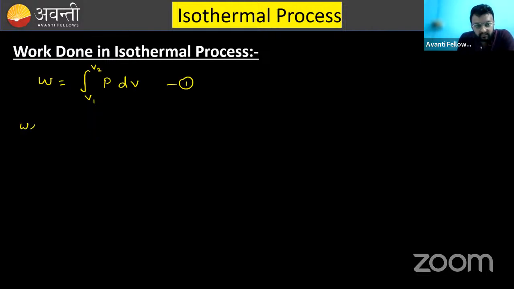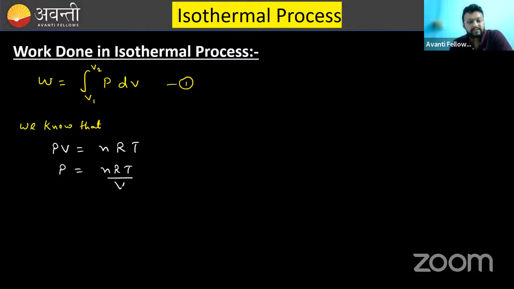We know that PV is equal to nRT. So what is going to be the value of P? P is going to be nRT by V. Is it clear? P is nRT by V.